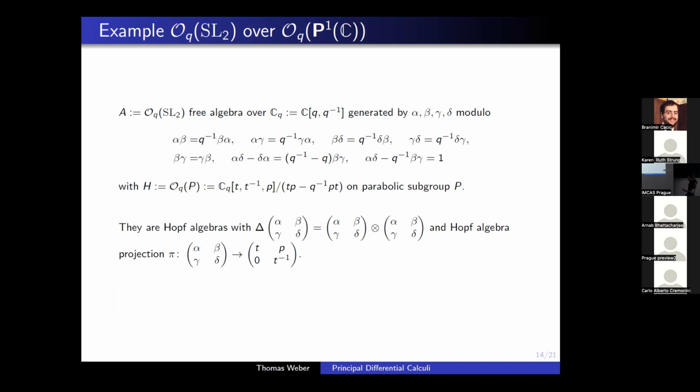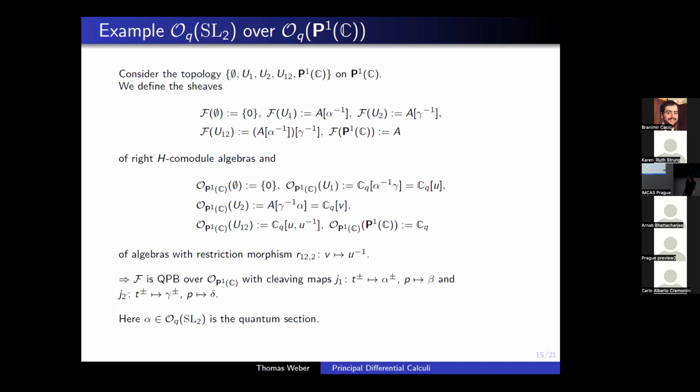And those are actually Hopf algebras in the sense that this delta here gives you a coproduct. And I didn't write down the antipode, but it's also not complicated. And furthermore, we are in this previous setting. So we are having a Hopf algebra projection simply by mapping alpha, beta, gamma, delta into t, p, 0, t minus 1.